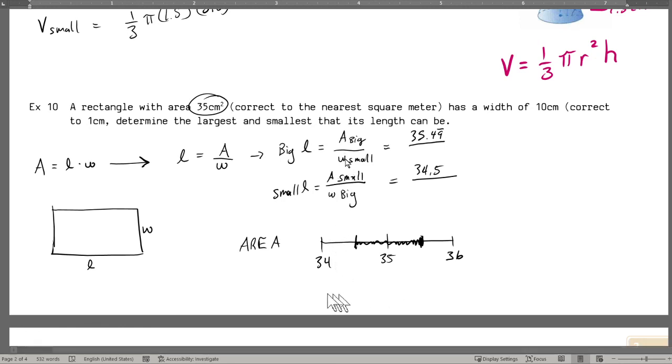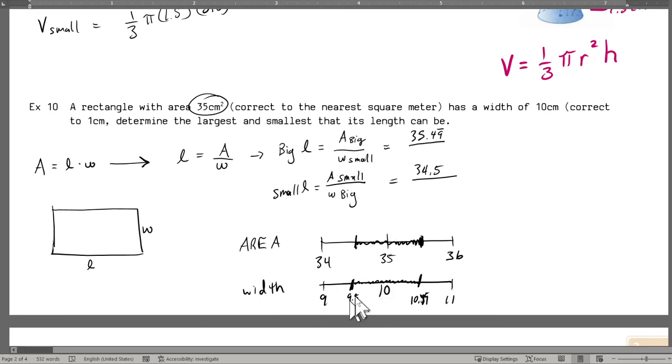The smallest that the width could be: 10 centimeters is what it's measured at, but it could have been 9.5, or it could have been actually 10.49 repeating.